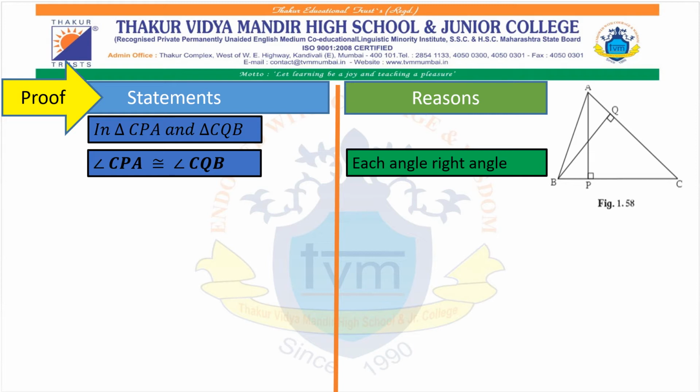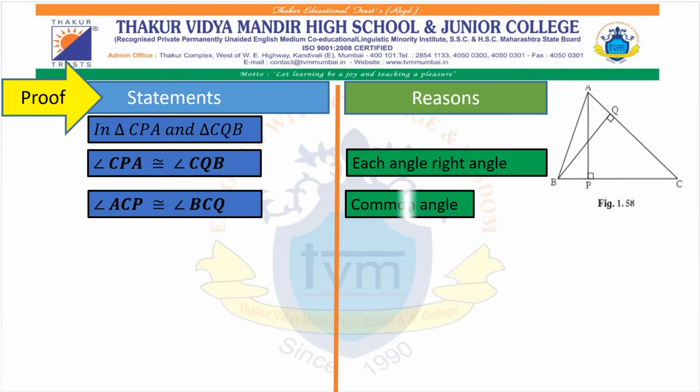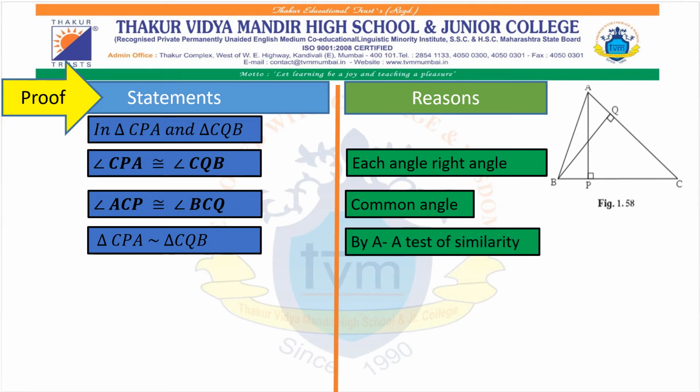The second angle that is congruent in these two triangles is angle C. Angle C belongs to both the triangle CPA and triangle CQB. So angle C being common angle, therefore triangles are similar by AA test of similarity.